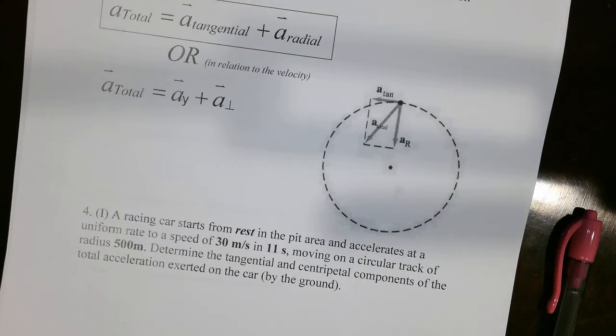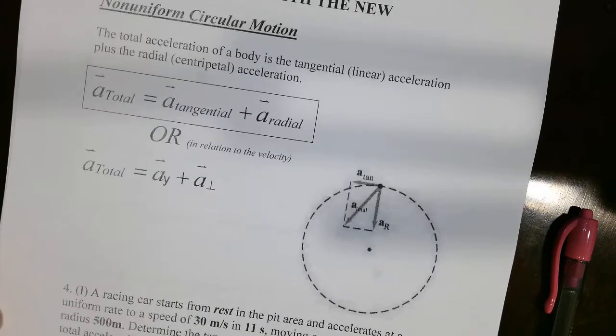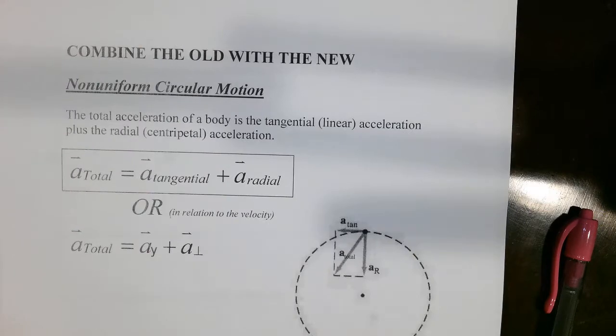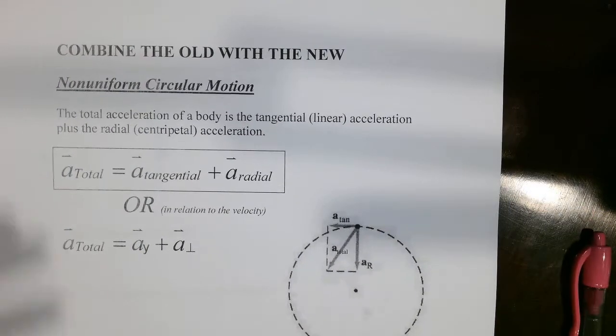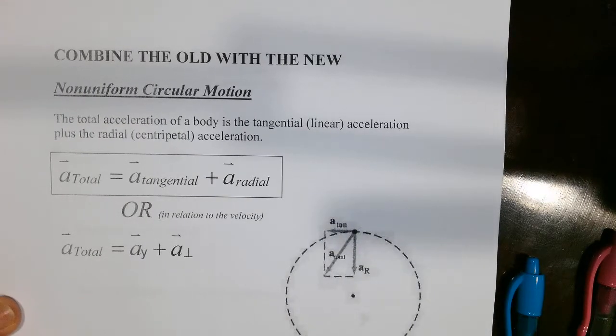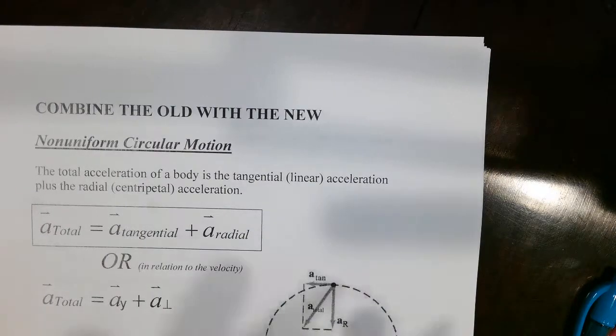Now comes the real stuff, right? So here, if we were to think about what we had previously in chapter 2, we had linear acceleration. When things were going linearly, in linear motion, we had a linear acceleration. And linear acceleration, also known as a tangential, right?